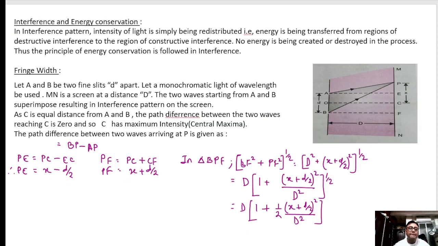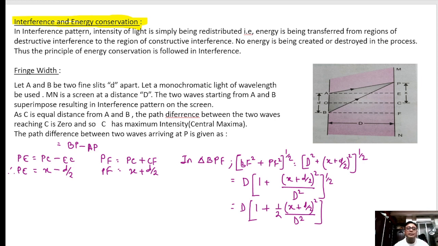Next, interference and energy conservation. Please note that. As you know, in an interference pattern we have alternate dark and bright bands. At the dark band the energy becomes zero, but energy cannot be destroyed.